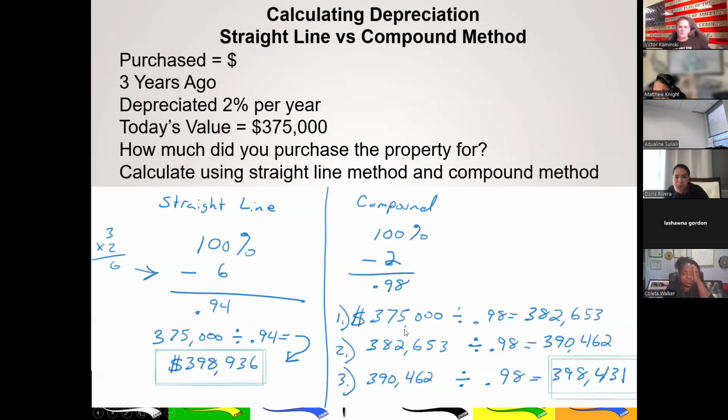And then we do that problem once for each year. 375 divided by 0.98 once, twice, thrice to get the answer. Okay. And that's it.